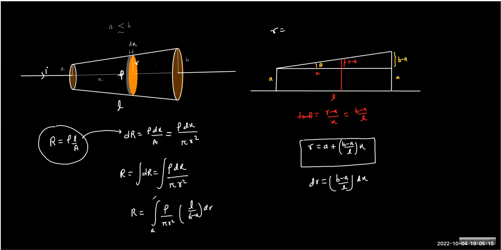And r will go from a to b. So the answer is pretty much simple. It is rho L by pi ab.